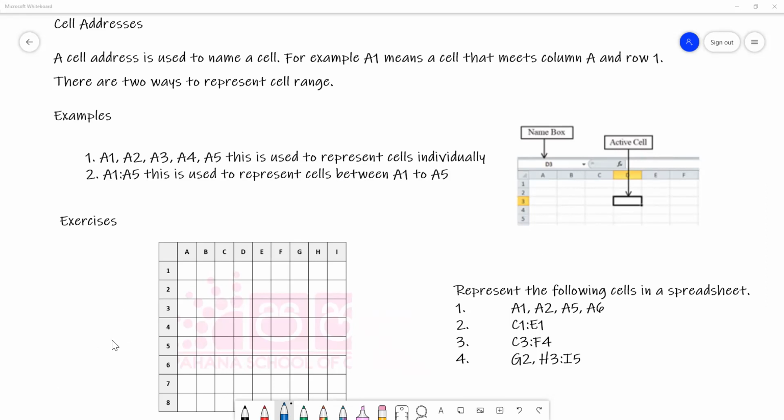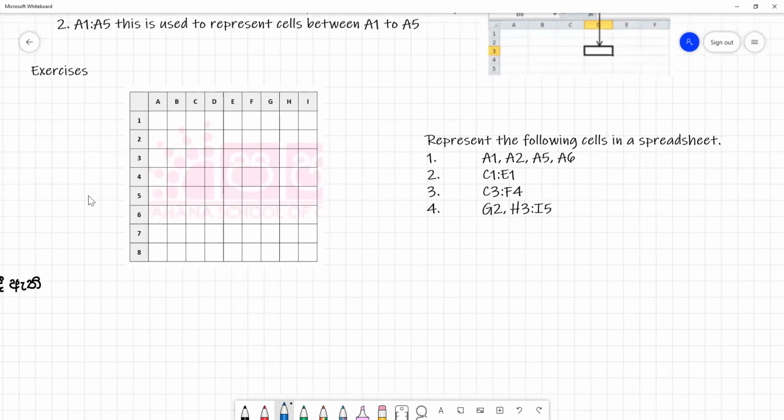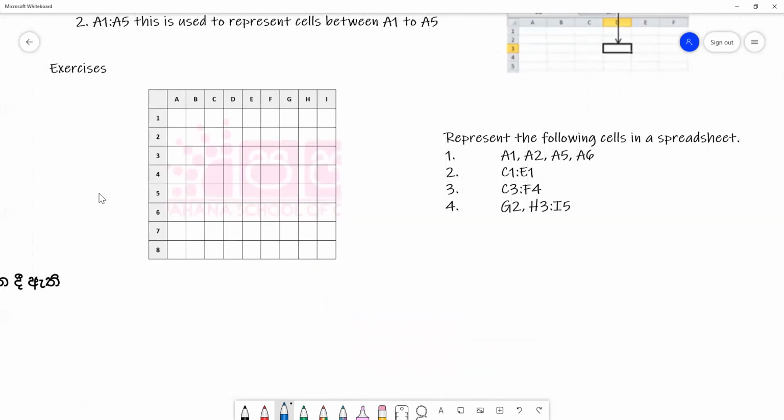Now in this one, what we see, we have been given a set of cells, something like this, and then we are given a set of ranges, and we are supposed to identify them.